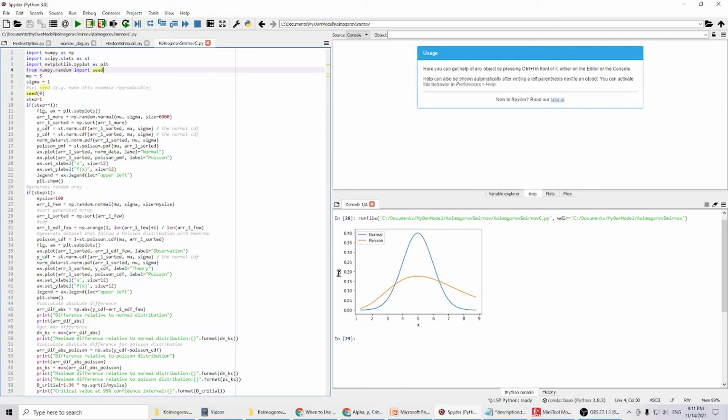What I'm going to do in this test, I will create some sample data based on this normal distribution, and then I will take my sample data to compare with this theoretical normal distribution. And also, I'm going to compare my sample data with this Poisson distribution.